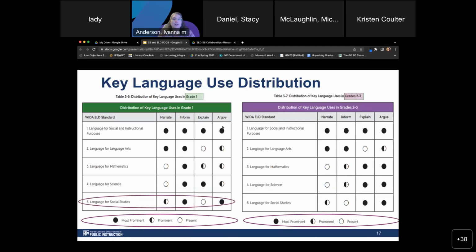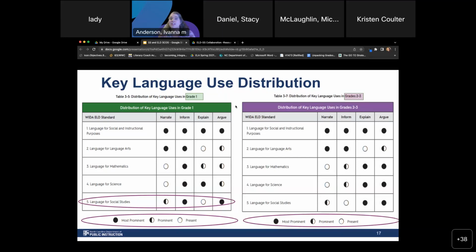If you look at that chart, you see standard 1, all of them are darkened in, whereas standard 2, which is language arts, 3 mathematics, and 4 science, each of the different content areas have different predominant key language uses. But in kindergarten, which one key language use is predominant for everybody? Can you tell? I know it might be a little small. Inform, right. So in kindergarten, developmentally appropriate, there's a lot of inform going on.